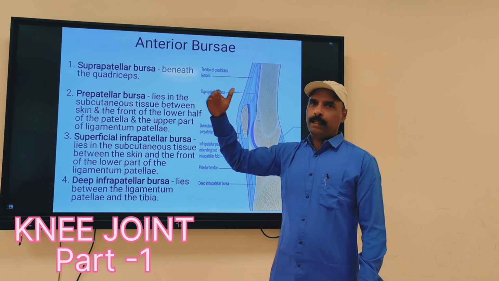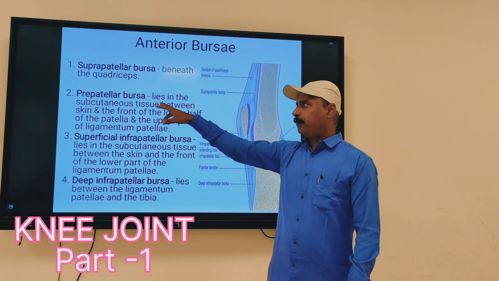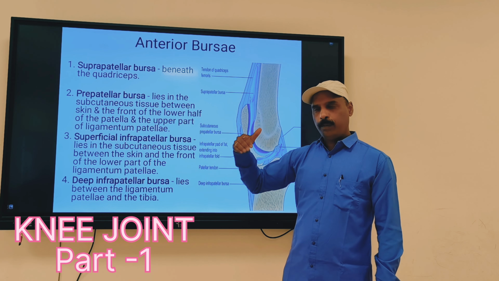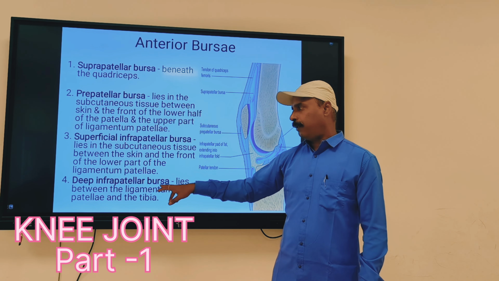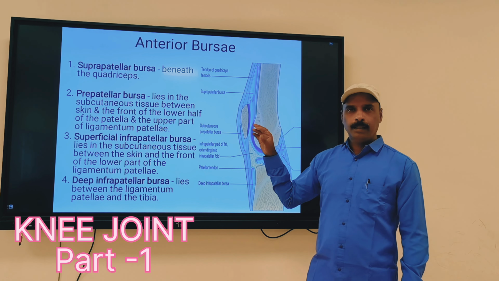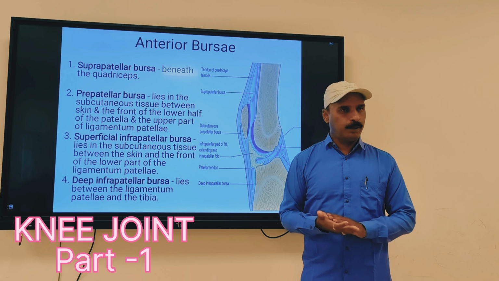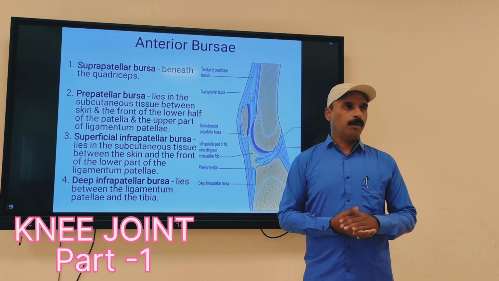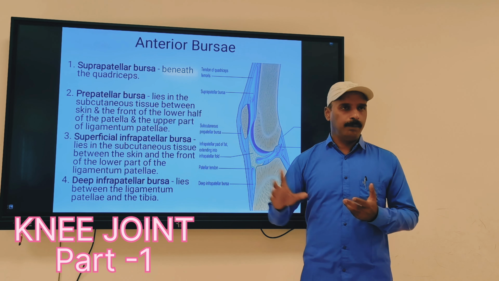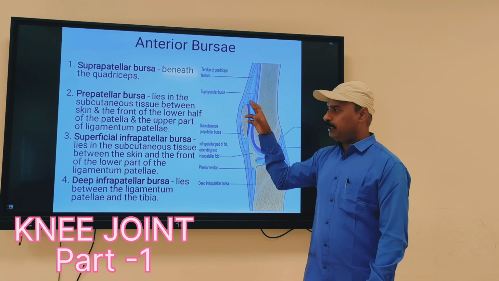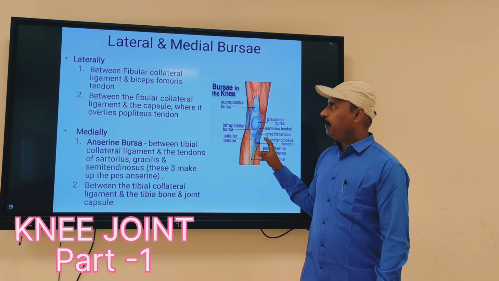Suprapatellar is above the upper part of the patella, prepatellar is in front of the patella, superficial infrapatellar is below, and we have the deep one. Inflammation, or bursitis, causes the commonest conditions, housemaid's knee and clergyman's knee, which we have dealt with in the front of the thigh. These are the bursas you only have to name.